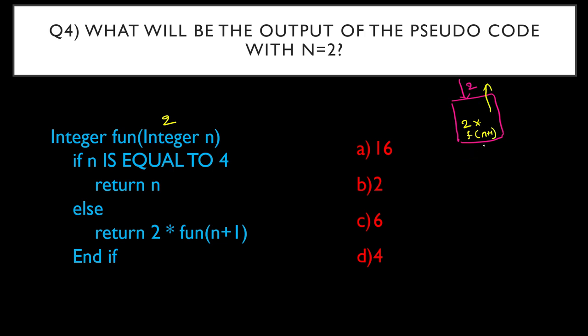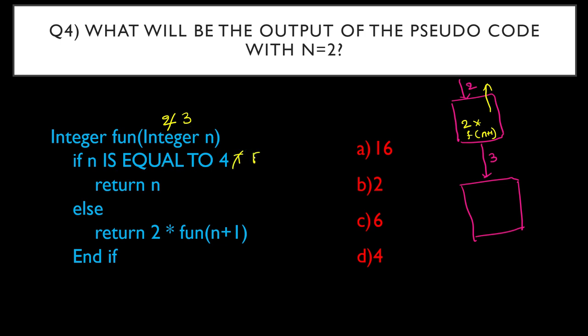Next, you're calling this as f of n plus 1. That is, f of n plus 1 is 2 plus 1, that is 3. So you're calling this function again with value 3. Here again, the first time this condition became false. Now also 3 is not equal to 4. The value of n is 3.